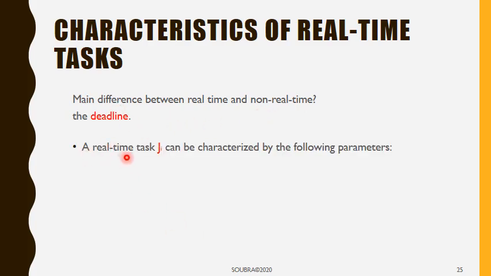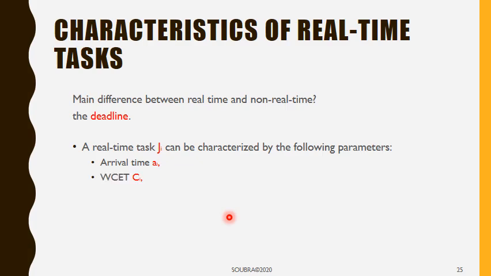A couple of definitions that are extremely useful for what's coming next. Let's imagine we have a real-time task called Ji, where i could be anything: 0, 1, 2, 3, 4, whatever. We're going to check its parameters. Parameter number 1 is something called arrival time, denoted ai, where i is the same i of Ji. It is the arrival time of the task to the ready state.